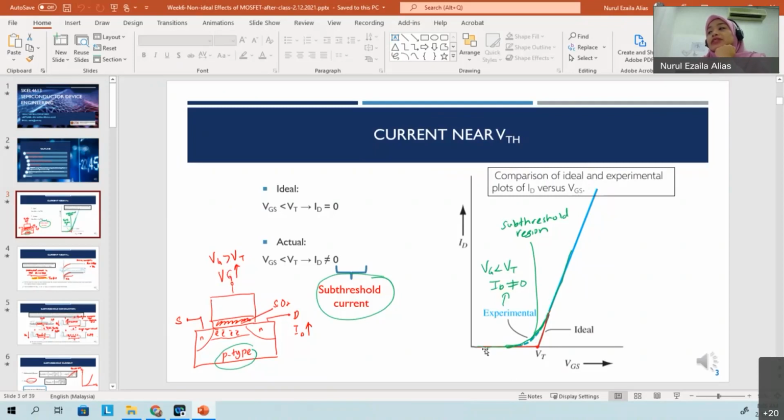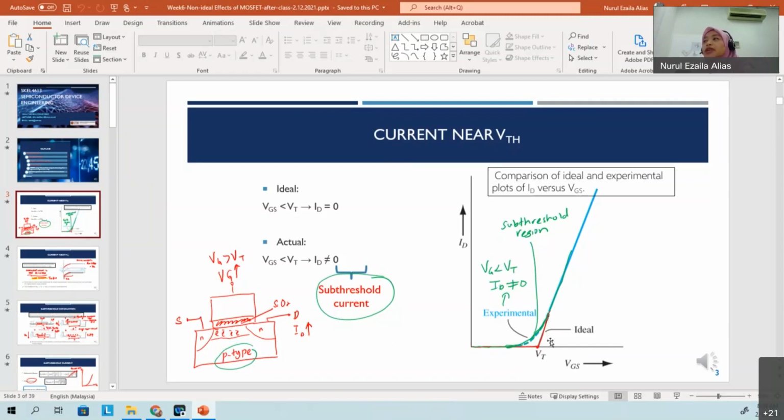If the gate voltage didn't reach the threshold voltage, there should be no current flow, meaning there is no inversion channel created yet. However, when the VG reaches the threshold voltage, then only the inversion channel is created, and it will increase. So this is supposed to be the ideal case.